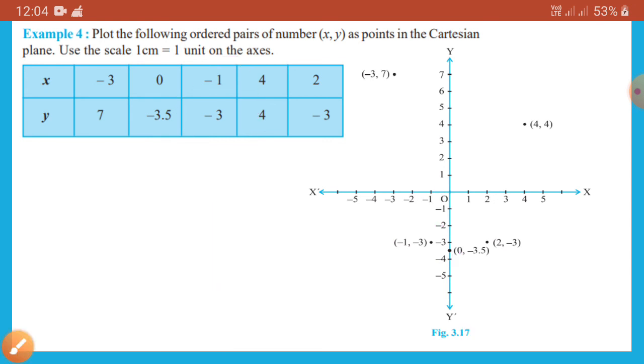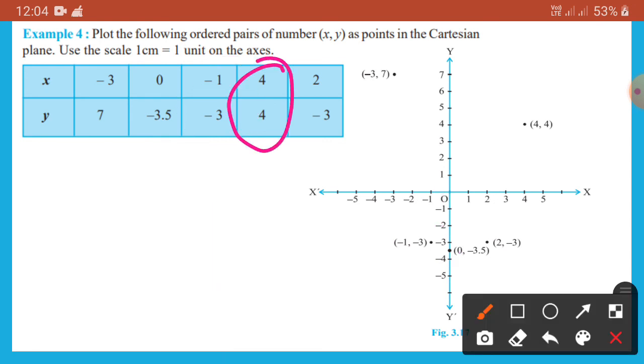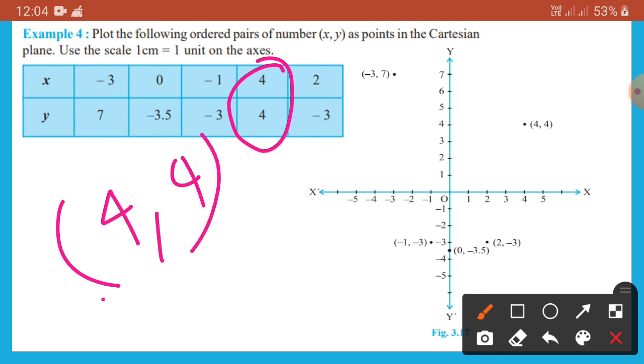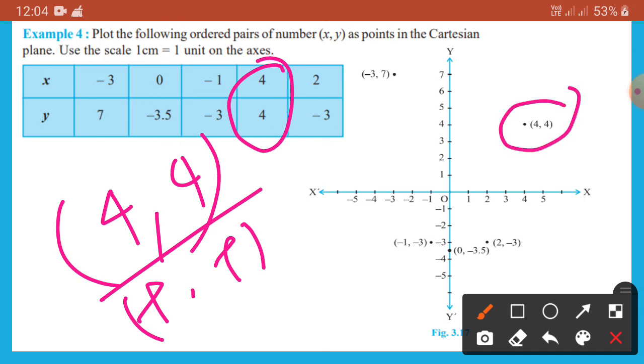Okay, then the point is (4, 4). So the coordinates here are 4 and 4. That means the signs here are both positive. That means it will fall in the first quadrant.